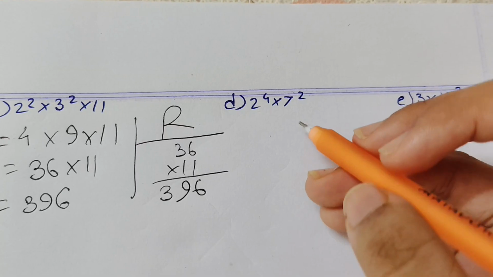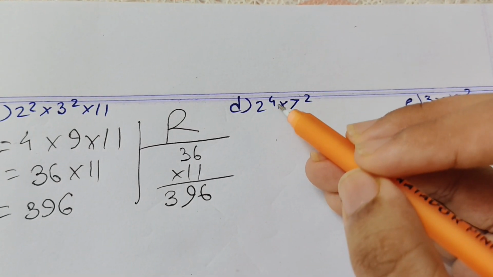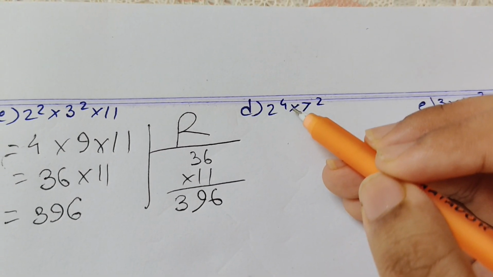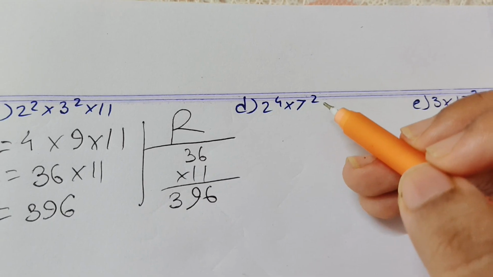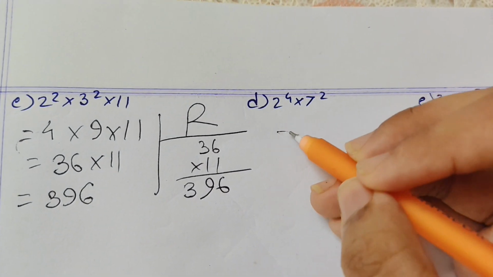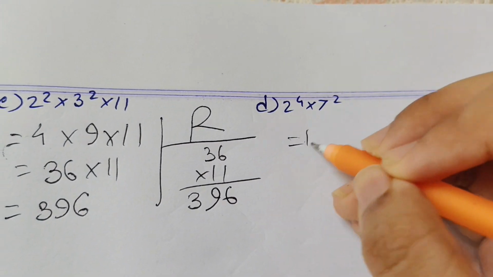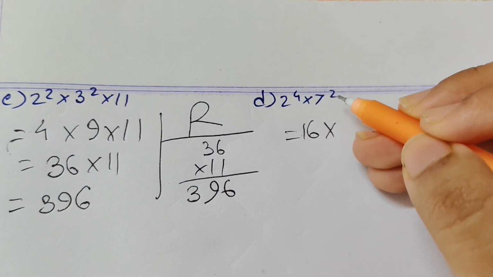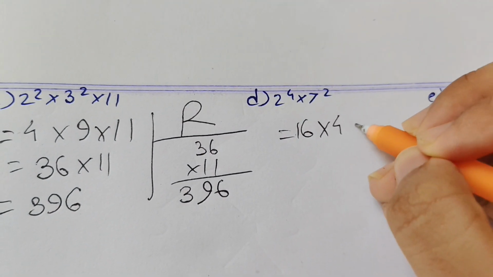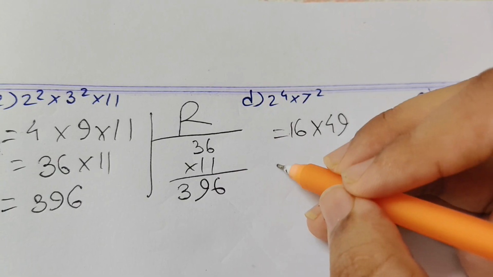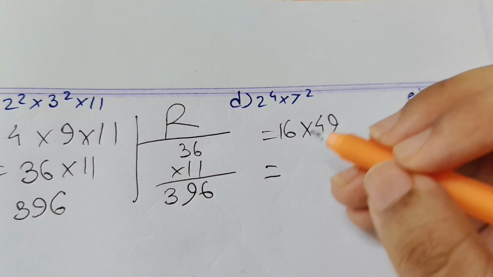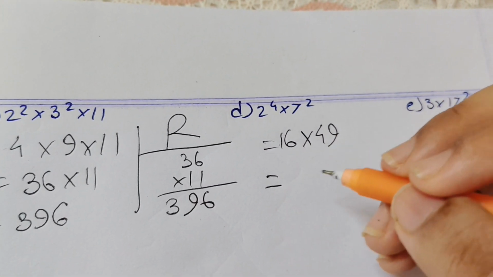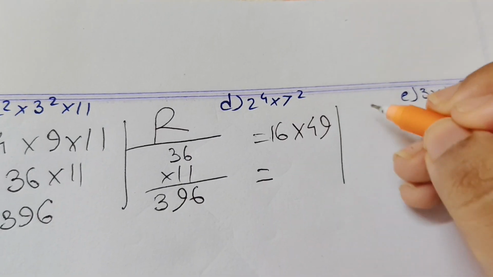Now number D, 2 to the power of 4 multiplied by 7 square. 2 to the power of 4 is 16, and 7 square is equal to 49. Now this is really hard, as these both are very big numbers.